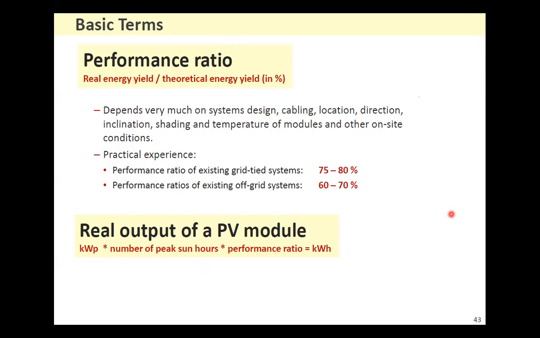If it is in Pakistan, then you can get more energy from that similar solar panel. If it is in Germany, you will be able to get less energy because of the sunlight intensity and the duration of the sunlight remaining per day.